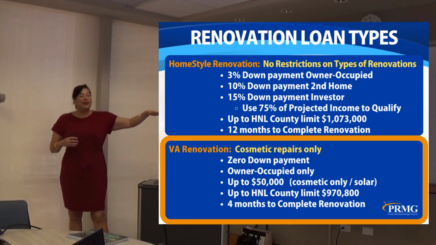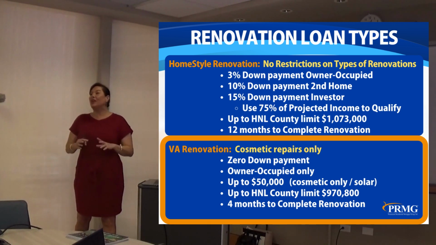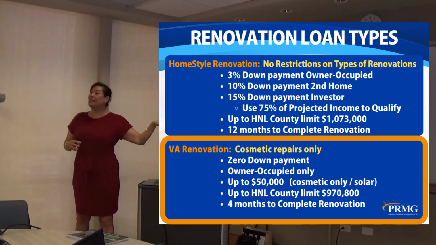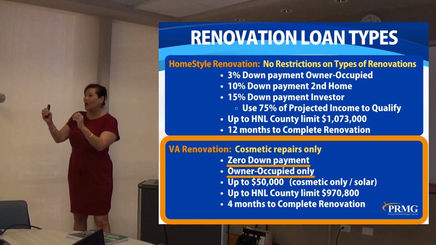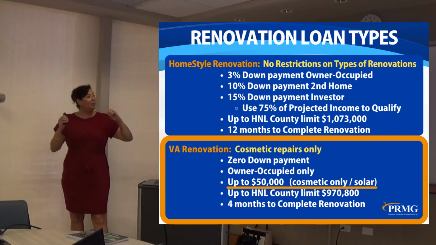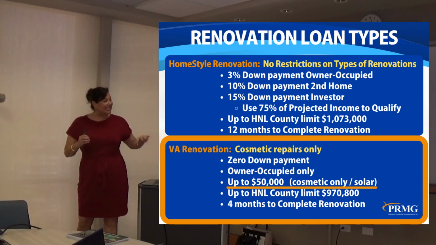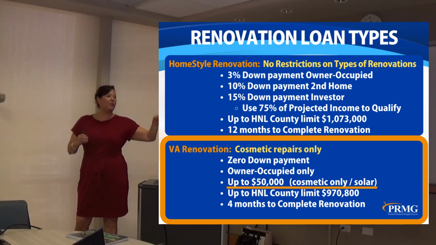All right, VA renovations. So what most people don't know is you can even use a renovation loan with a Veterans Administration loan. And what that means is that beautiful zero down payment component that you get for your veterans. You can use that and still get up to $50,000 back in order to perform your cosmetic upgrades.